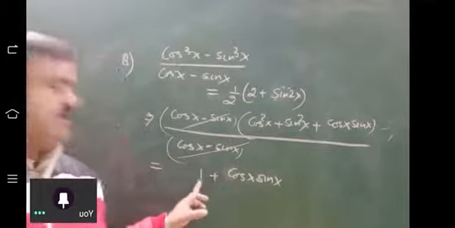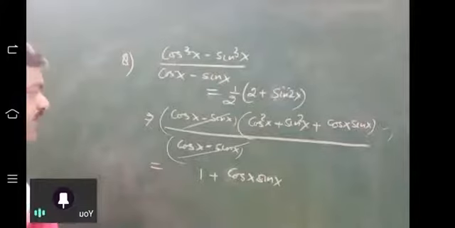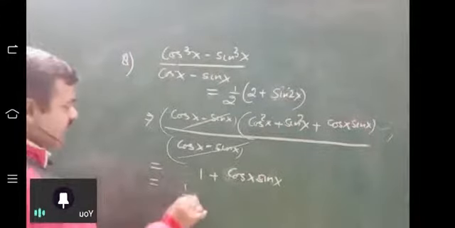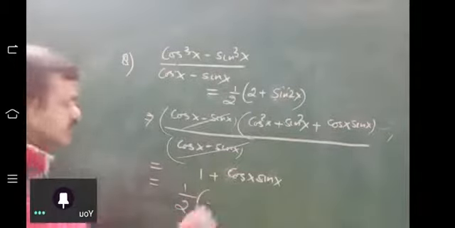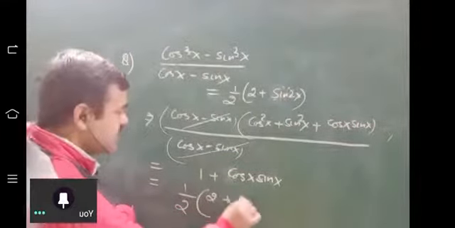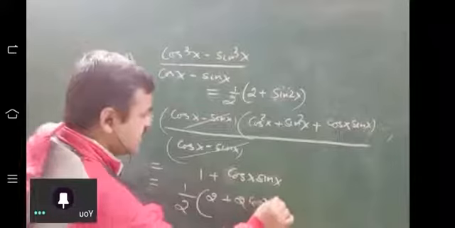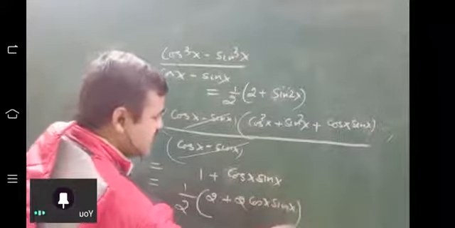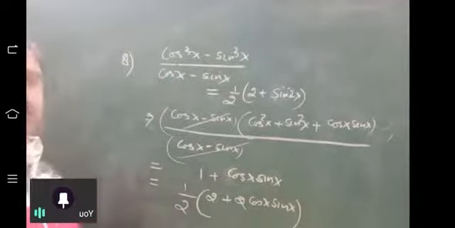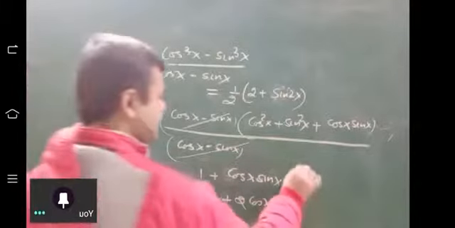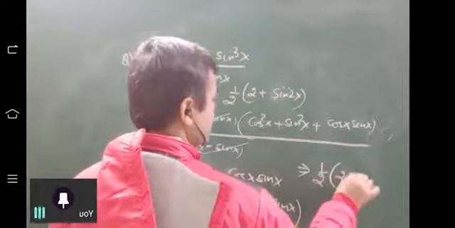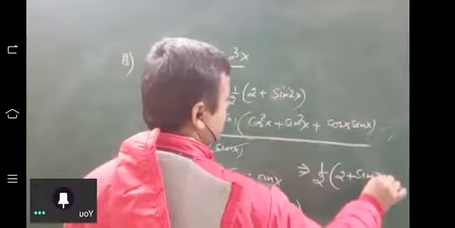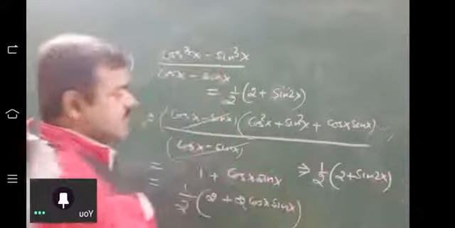And here 2. So what is required here? Just divide by 2 and multiply by 2 both the terms. So this is 2 plus 2 cos x sin x. Now this is the identity of sin 2x. So this one becomes 1/2 (2 + sin 2x), and this is proved.